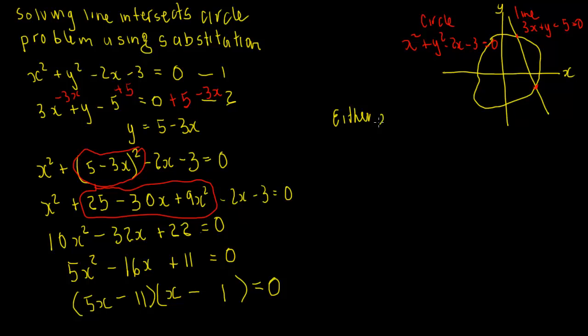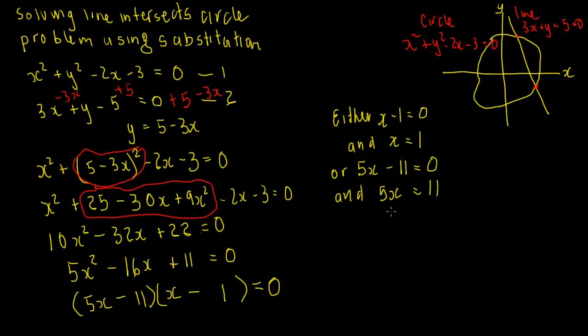So either x minus 1 equals 0, and x equals 1, or 5x minus 11 equals 0, and 5x equals 11, adding 11 to both sides, and then let's divide through by 5, and we get x equals 11 over 5.